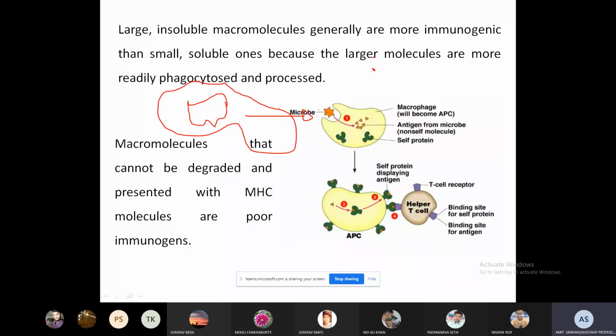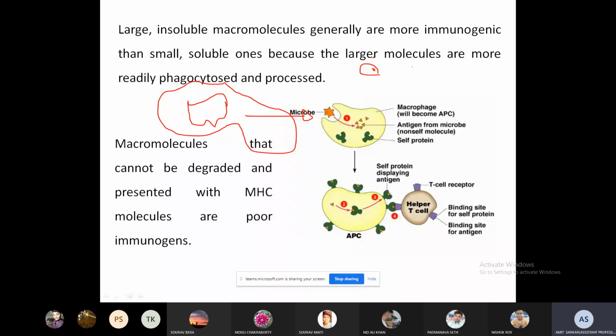So they cannot process it properly. If they cannot process it properly, they cannot properly present it to the T cell. If they cannot present it to the T cell, then nothing will happen. The whole reaction will collapse. Okay, so nothing will take place. Although the microorganism or the macromolecule is still there, it will not be processed. So no immune reactions take place.